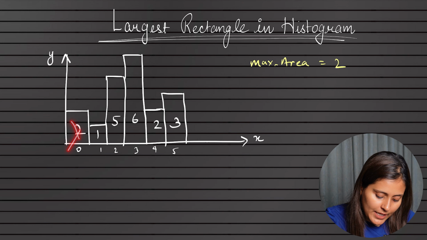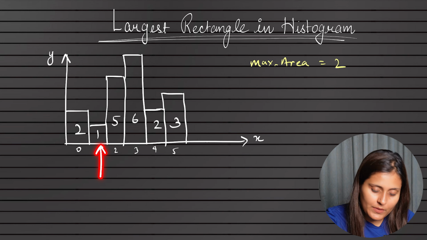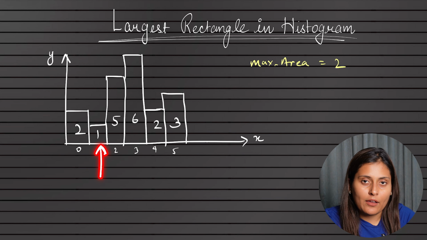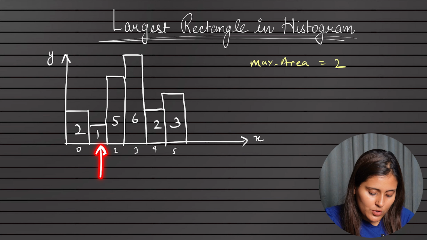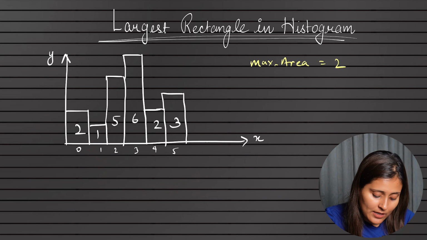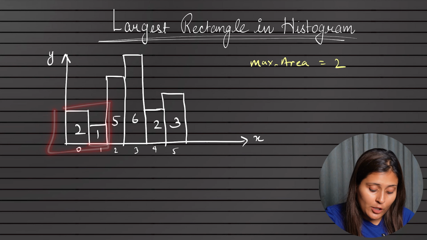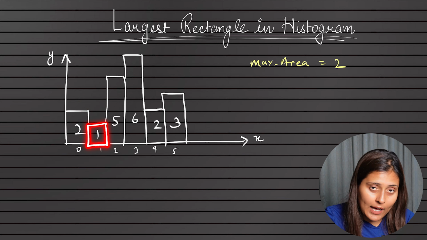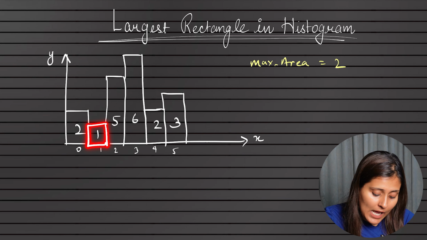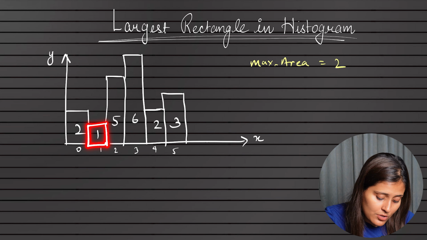Now when I go to 1, what will be my maximum area till now? This will give me 1 cross 1, which is 1, correct? Definitely I have calculated the area with this height 1, and now I would like to calculate the area with this 2 as well.